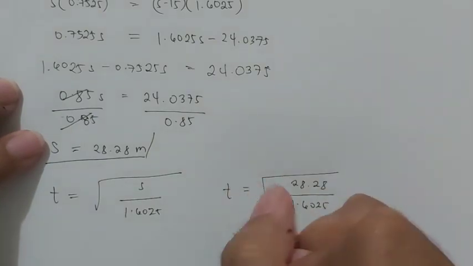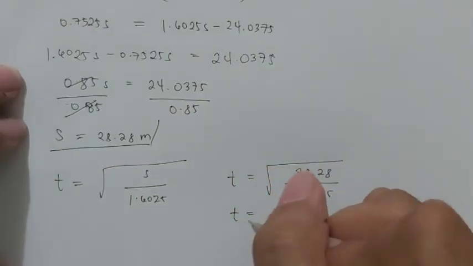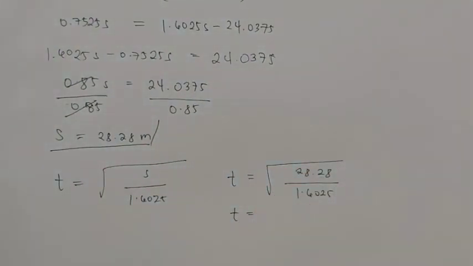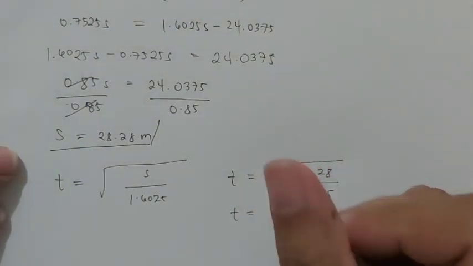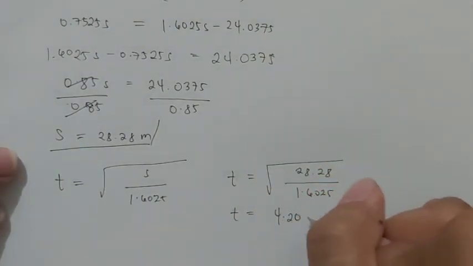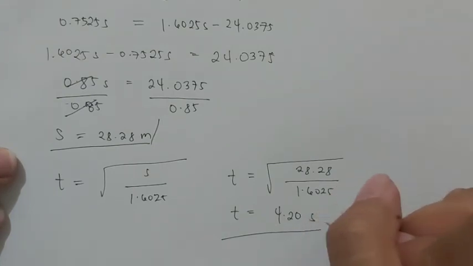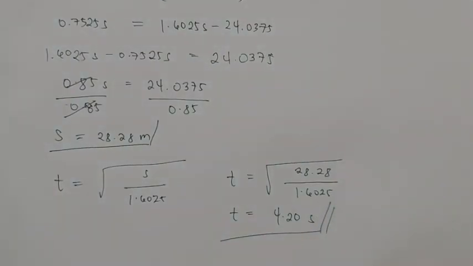So therefore, solving for time, t is equal to the square root of 28.28 all over 1.6025. We have 4.20 seconds. So that is the time, elapsed time.